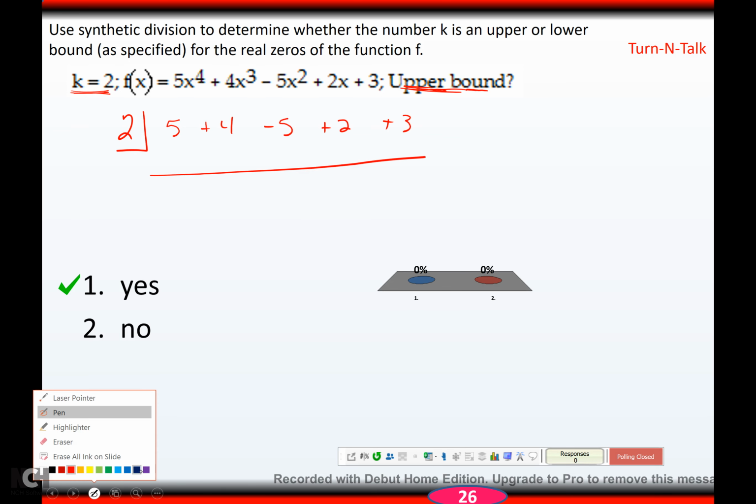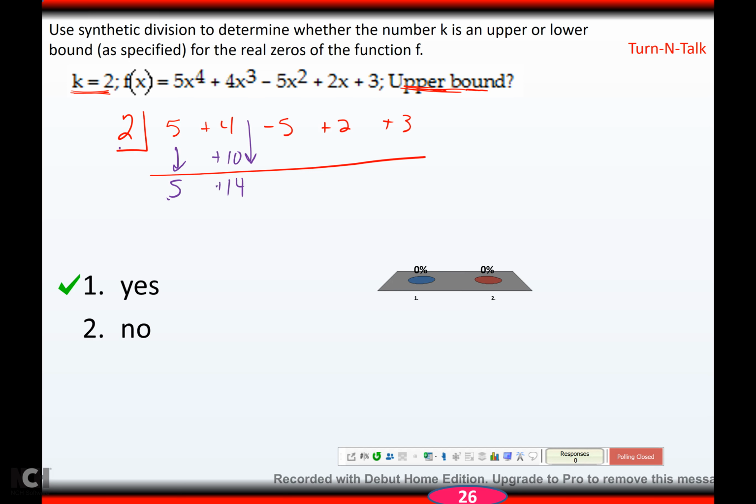Okay. 5 comes out. Multiplies by 2, brings back 10. 4 eats 10, comes out 14. 14 multiplies by 2, brings back 28. -5 eats 28, comes out 23. 23 multiplies, brings back 46. 2 eats 46, comes back 48. 48 goes to the store, multiplies by 2, brings back 96. 3 eats 96 and comes out 99, which is my remainder.